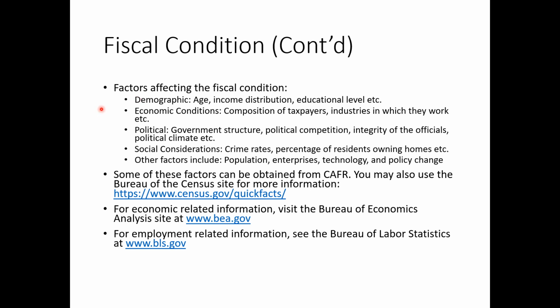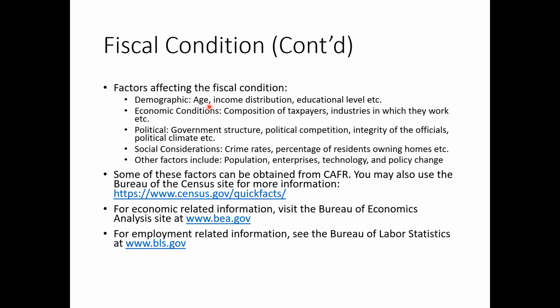So what are those factors that are going to affect the fiscal condition of the government agency? We have the demographic information. For example, the age of the population. Think about it. The younger the population is, the more economic potential this place has, right?